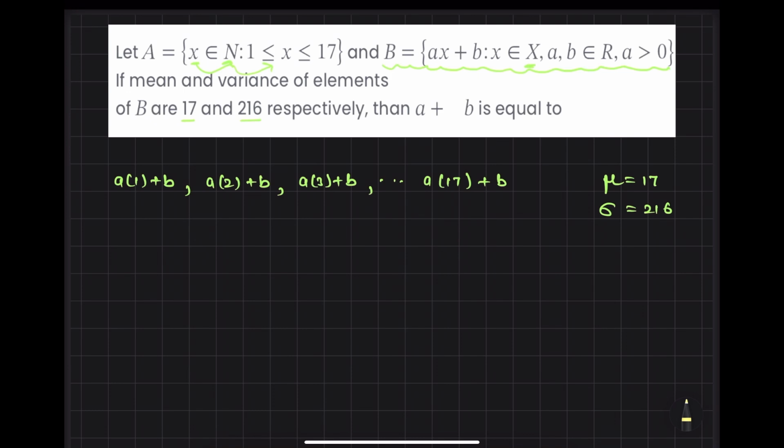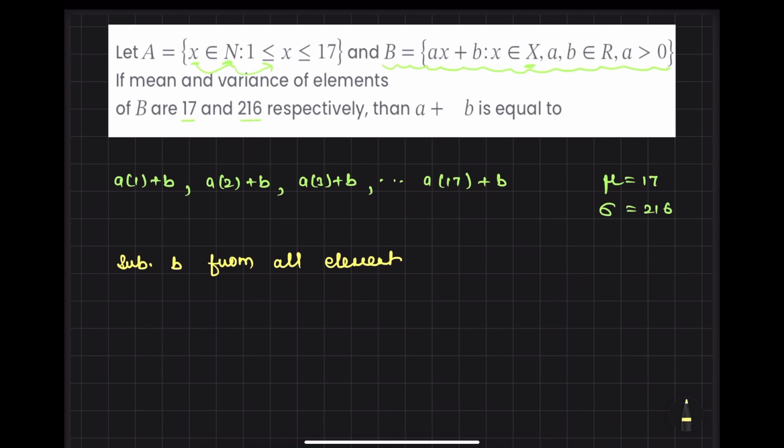If you observe, you will find that we can subtract b from all the elements. So subtract b from all elements, and you know which kind of impact it will create on the mean and the variance if we add or subtract.